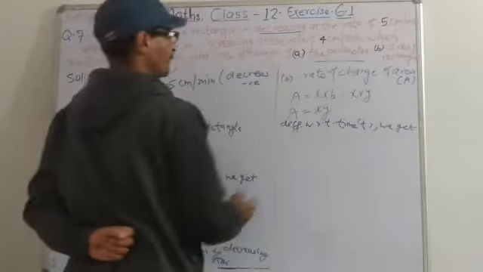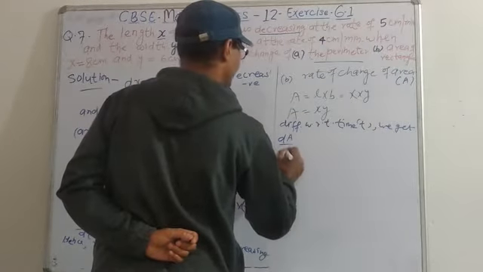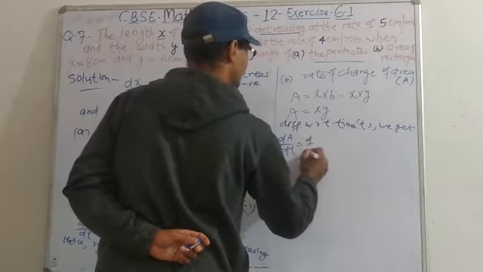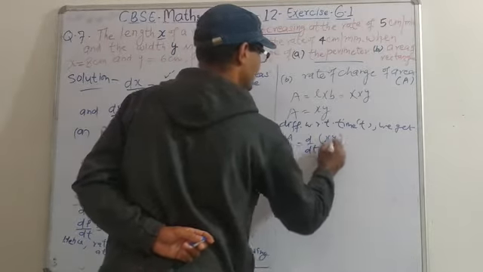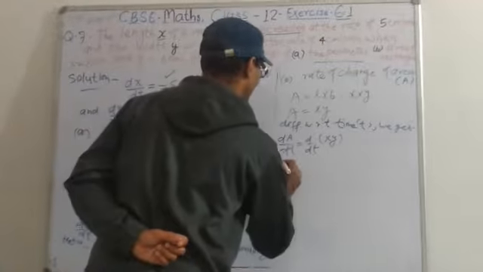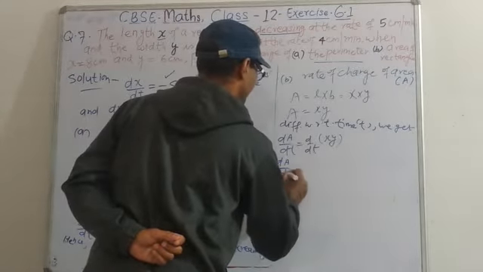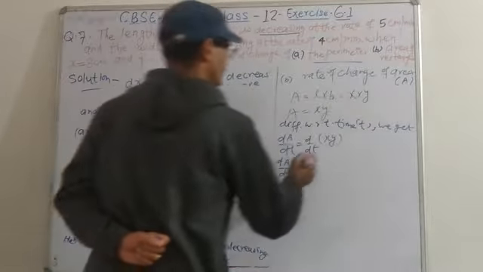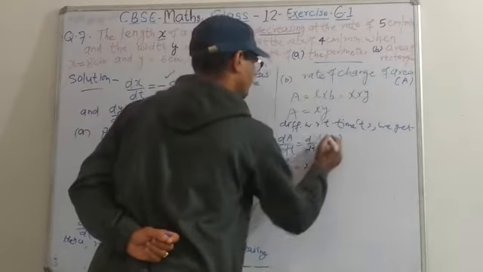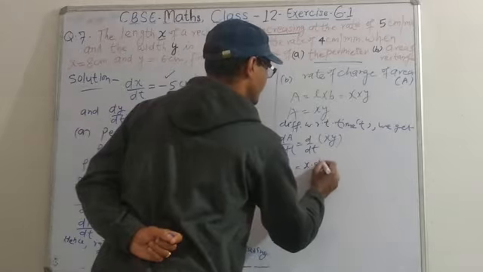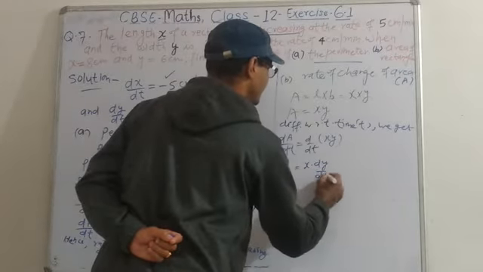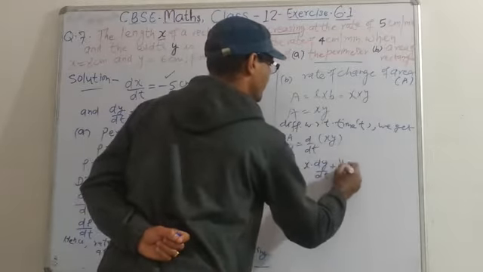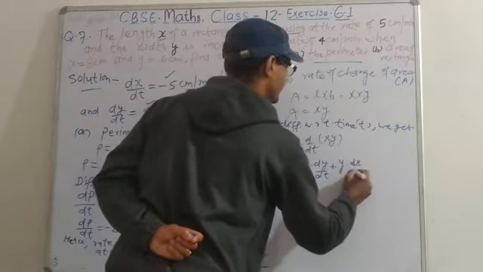We get dA by dt equal to d by dt of xy, two variables here. So how to do this? dA by dt equal to first function into the derivative of the second, product rule we apply here. The first function x into the derivative of second y, dy by dt, plus the second function y into the derivative of first, dx by dt.